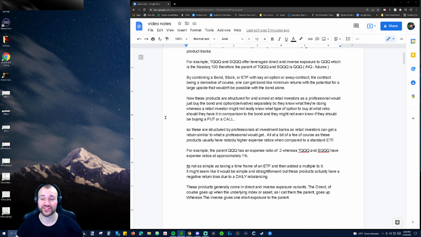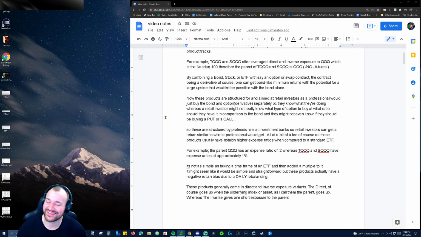So you could actually get just as good, if not better, returns trading individual stocks, assuming you're picking the right names, or trading ETFs that are marginable, because these leverage products, once again, you can't use margin on. So that's a little bit of a drawback, I should say.